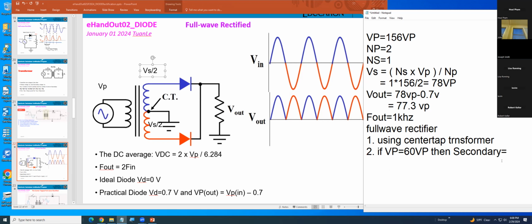So if I say V peak equals 60 volt peak, then V secondary divided by 2 is 30. Okay, divide by 2 equals 30 volt. So basically you get 30 volt here, you get 30 volt here.